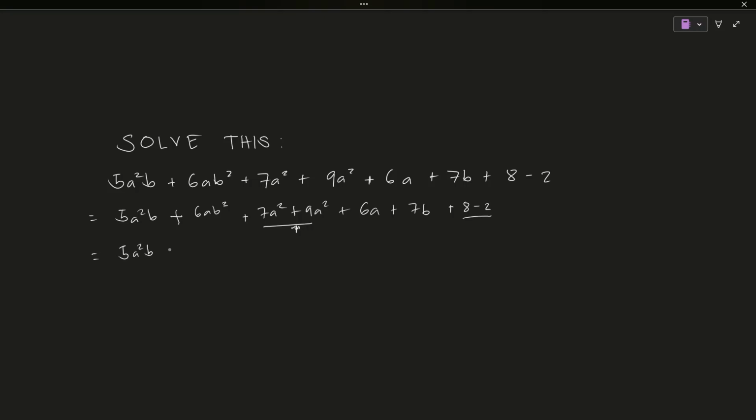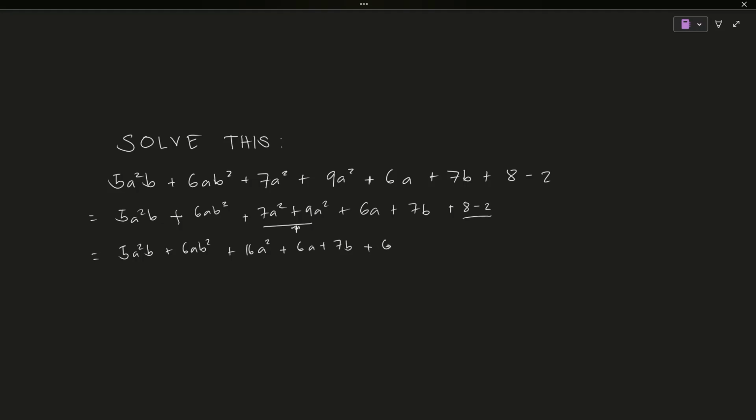So 5a squared b plus 6ab squared plus 7 plus 9 is 16. Then their terms, which is a squared, plus 6a plus 7b plus 8 minus 2 is 6.